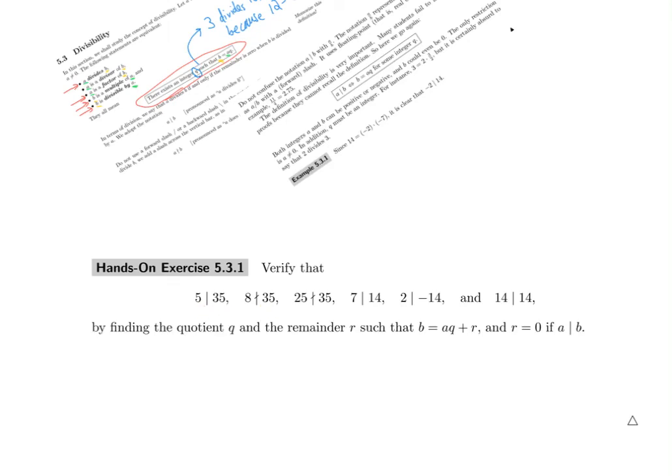Remember that you can apply the division algorithm to these pairs of numbers, and so you'll be able to find the quotient q and the remainder r, such that b is equal to aq plus r. And remember that in the special case where a does divide b, the remainder is going to be 0. In other words, we're layering on what we've been learning in previous sections with what we're learning here.